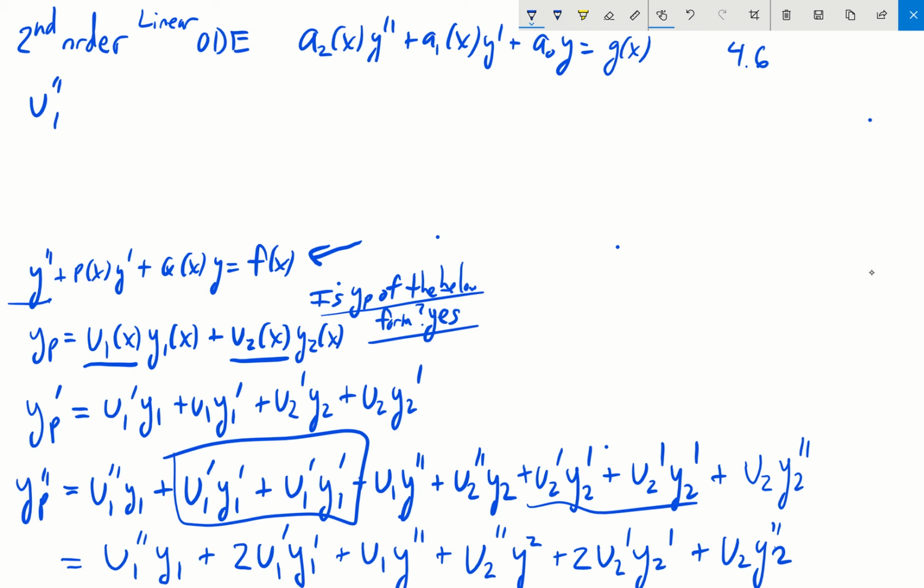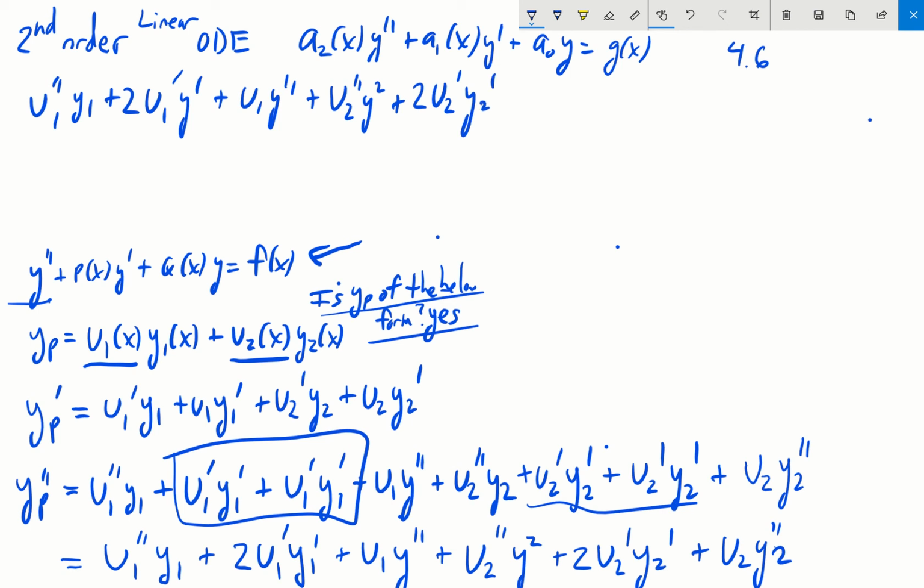So u1 double prime y1 plus 2 u1 prime y1 prime plus u1 y1 double prime plus u2 double prime y2 plus 2 u2 prime y2 prime plus u2 y2 double prime.